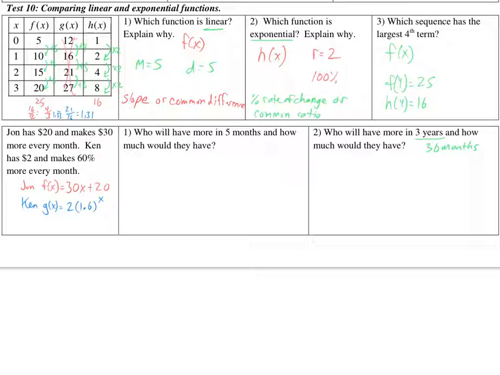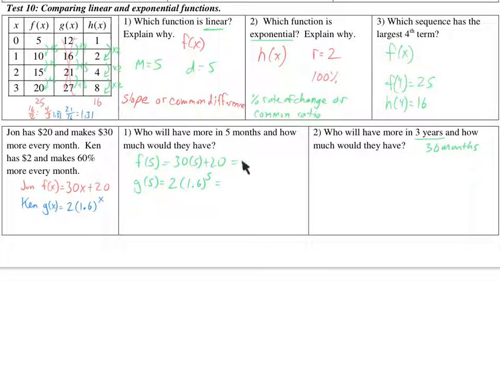Let's check. On this one, I'm finding f of 5 and g of 5. So for f of 5, I'm going to put 5 into the function. And for this one, I'm also going to put 5 into the function. And I want to see who is bigger. Now we're thinking that John's going to be bigger. Let's see.